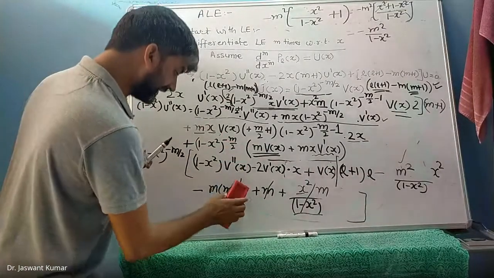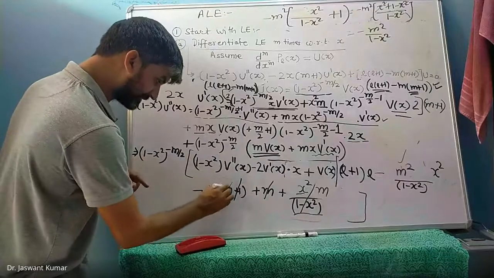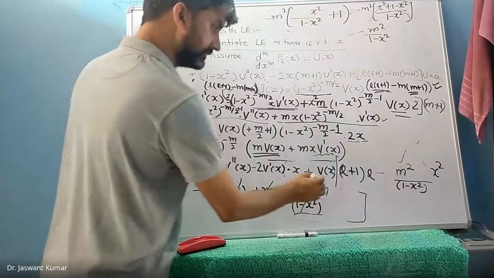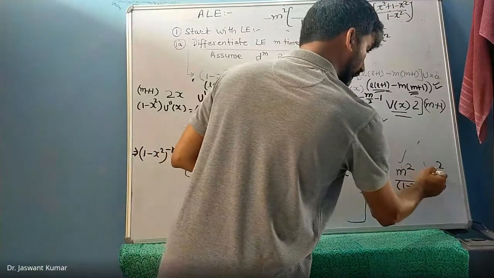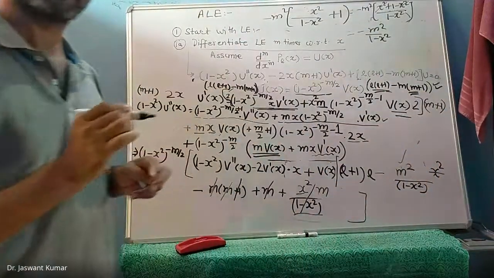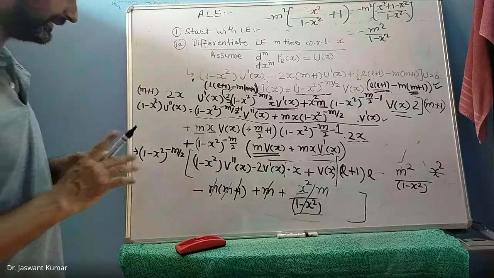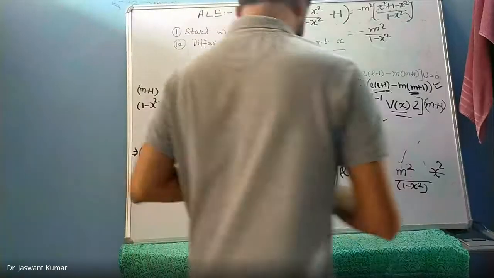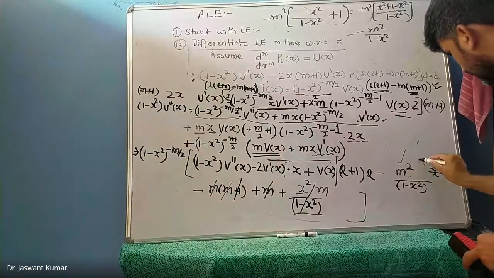So I erase this term also. This term gets cancelled. This x square also is gone. And I put this bigger bracket over here.